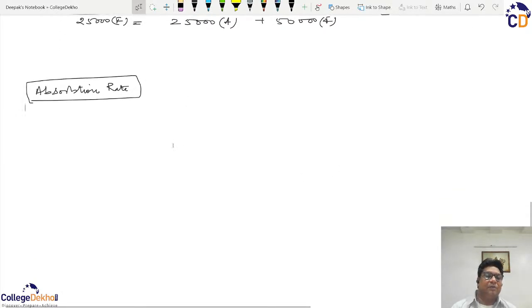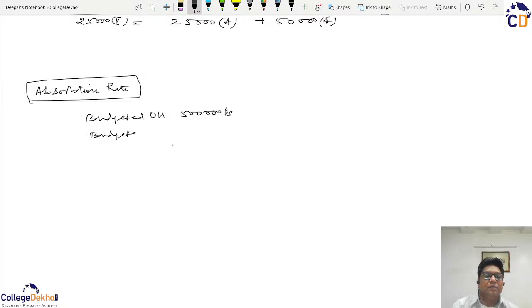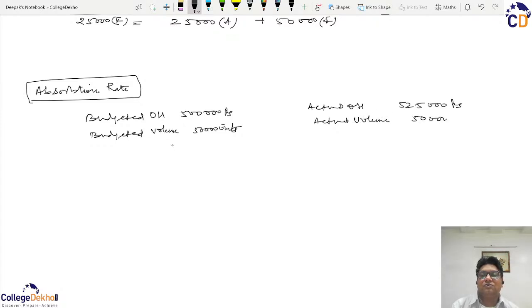So if I adapt that example again to the three-way analysis, we started with the budgeted overheads as 5 lakh rupees, and budgeted output, that is volume, of 50,000 units, and we compared them to actual overheads which were 5,25,000 rupees, and actual output, that is the volume, which was 50,000 units.